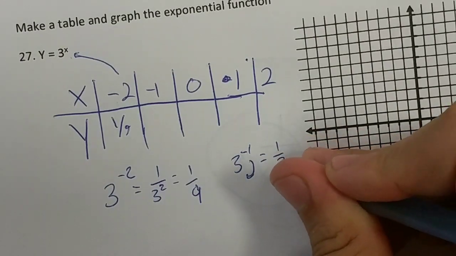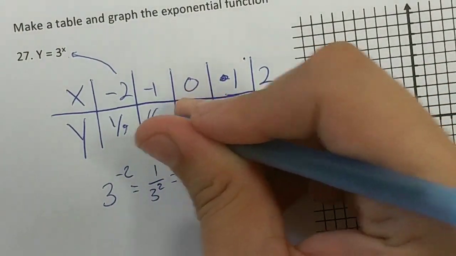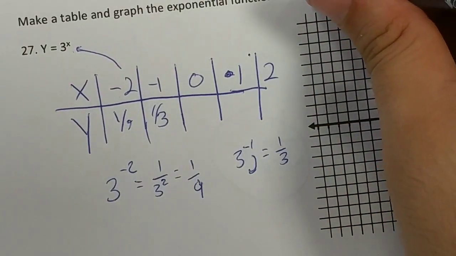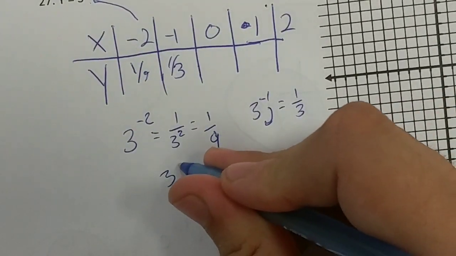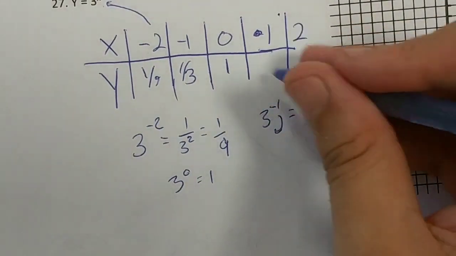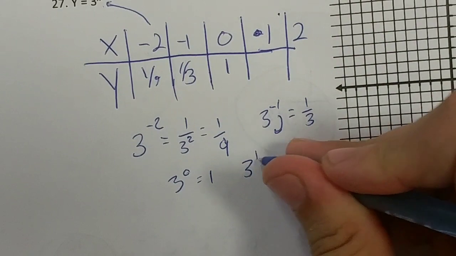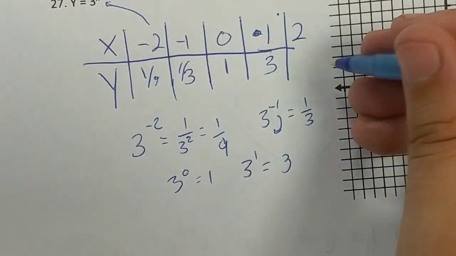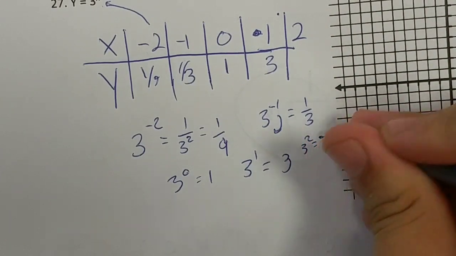So that's 1/3. Anything to the 0 power, 3 to the 0 power equals 1. Anything to the 1 power is the same thing. So 3 to the 1 power is 3. And then 3 to the 2nd power should equal 9.